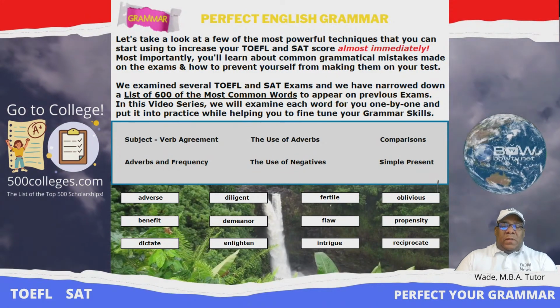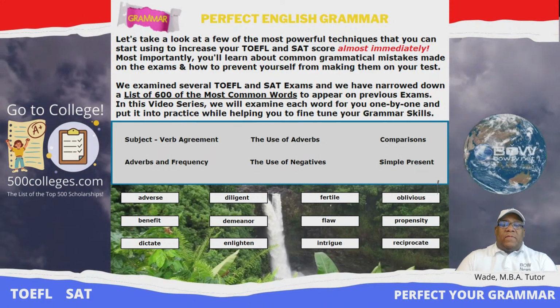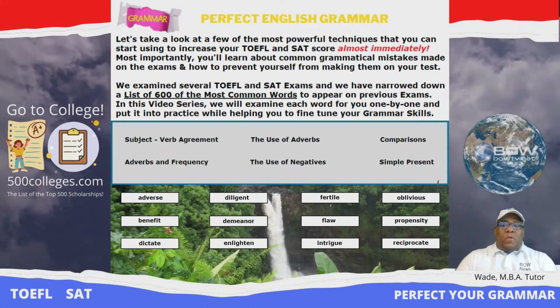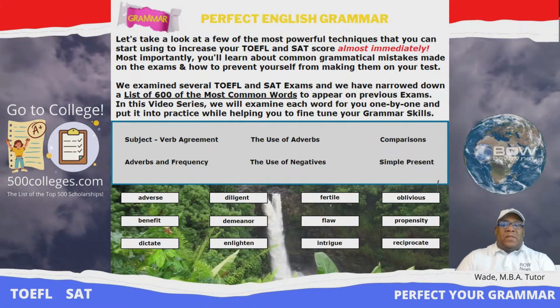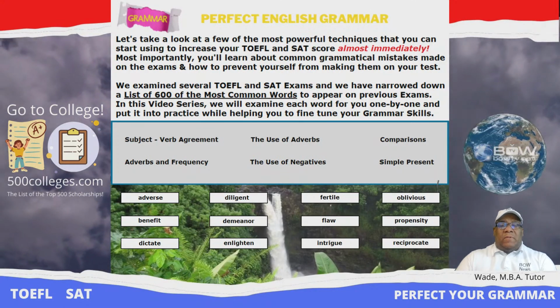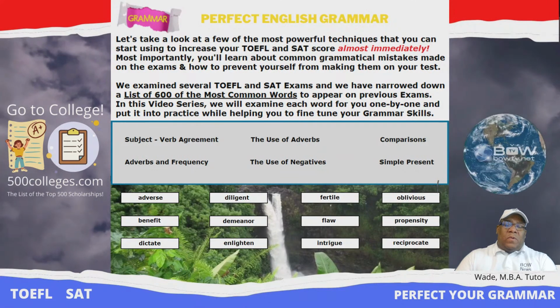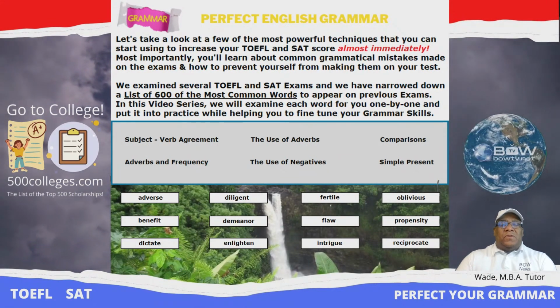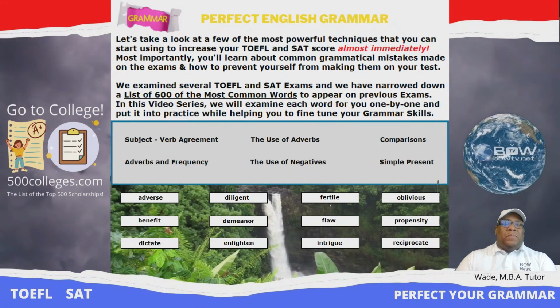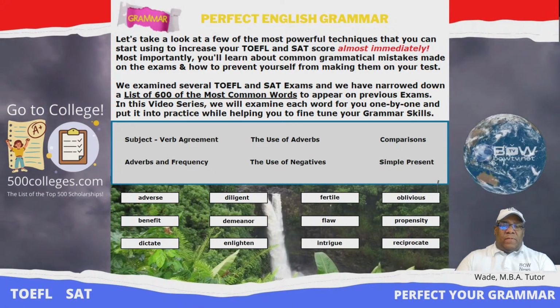And we are going to look at 12 of the most common words found on these exams, and we'll continue to look at some of the more frequently called hot words found on these exams to increase your vocabulary as well as to help you fine-tune your grammar skills going forward.